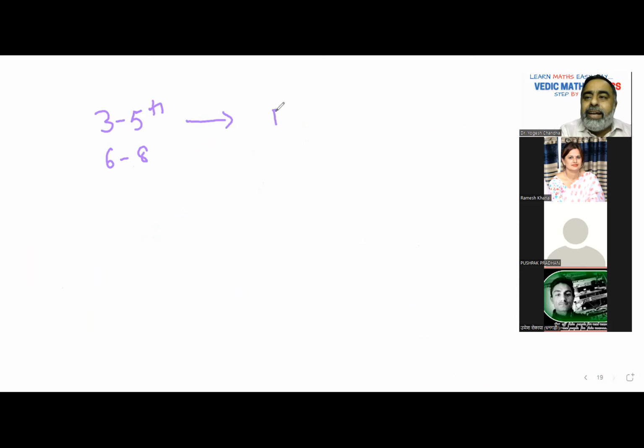For 3rd to 5th, we don't have Nikhilam multiplication or squares or cubes. We don't need it. What they need at the maximum is LCM. Here they need it. But right now, I consider you as teachers, and I'm training you so that you can handle both the students. Got it? Yes, sir. Okay.